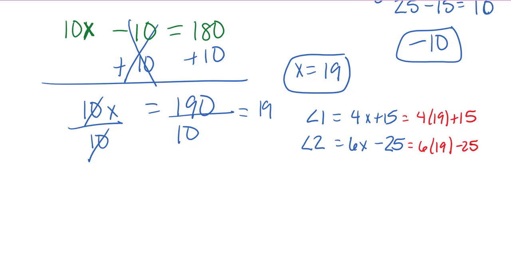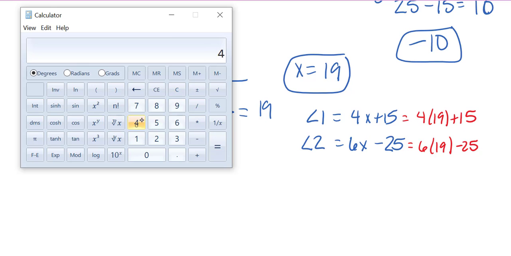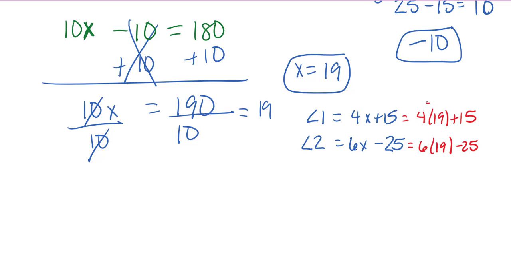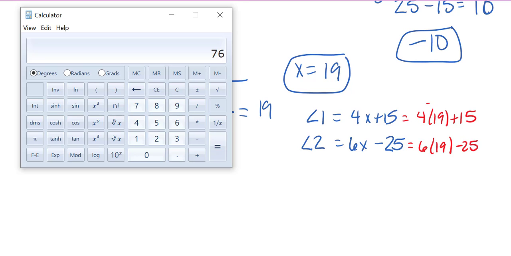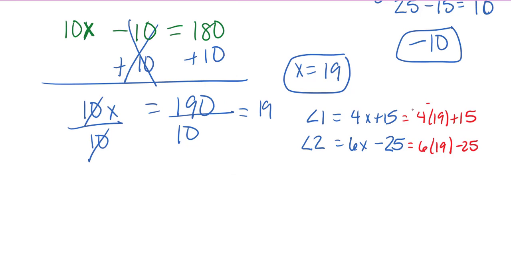So let's get our calculators out. We have 4 times 19, as we always do multiplication before addition or subtraction, and we get 76. Then we add the 15, and we get 91.